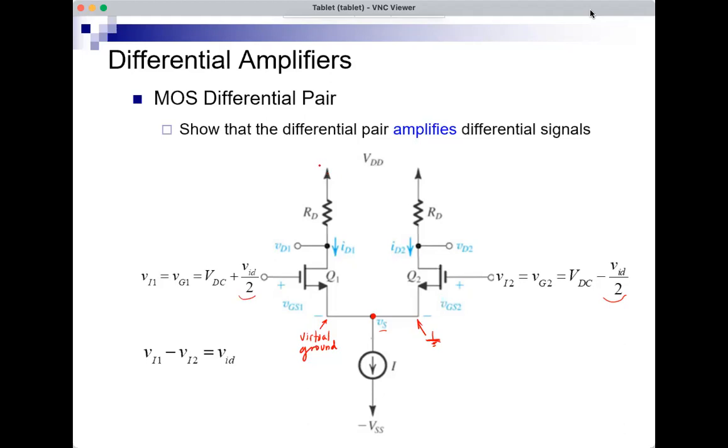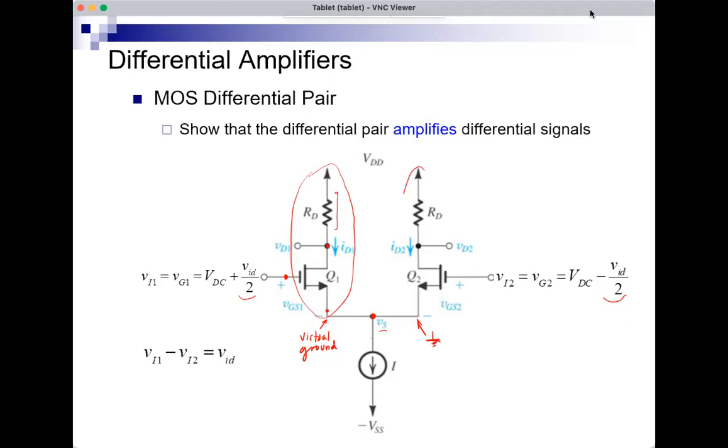And you consider this part of the circuit. I have a MOSFET with its source at a virtual ground, with an input at the gate, the output taken from the drain, and a resistor between the drain and the supply.